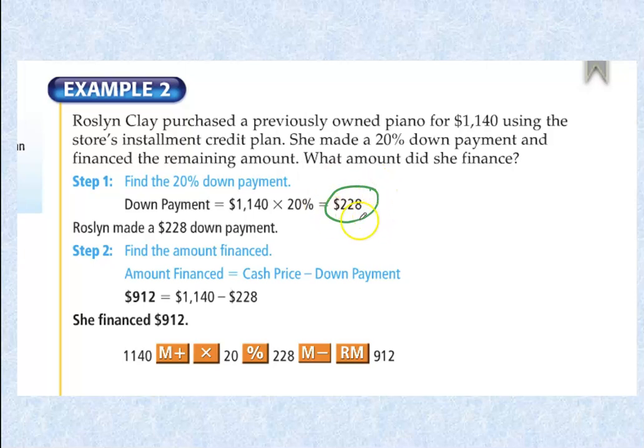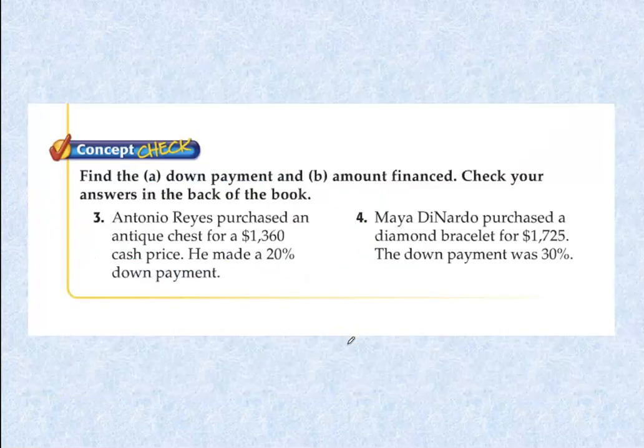And then once I have this, I'm doing what we did in example 1, just subtracting. This is just a way to do it on your calculator with the 20%, and then it does the memory. That's all that's telling us. So again, here's two problems. Go ahead and pause the video and do them, and then we'll do them together.